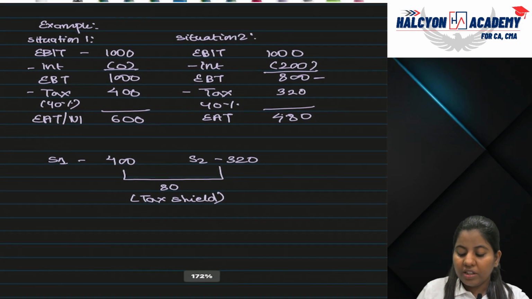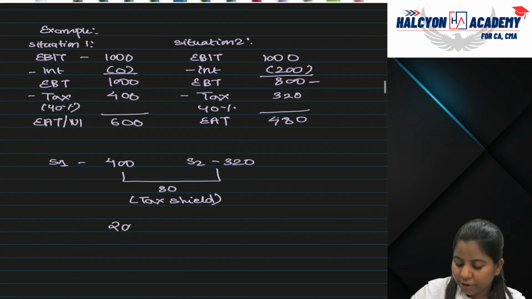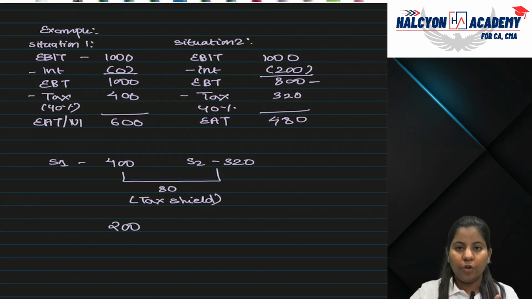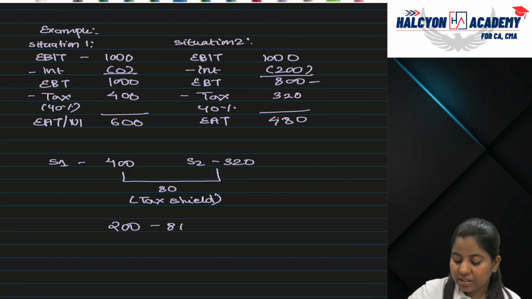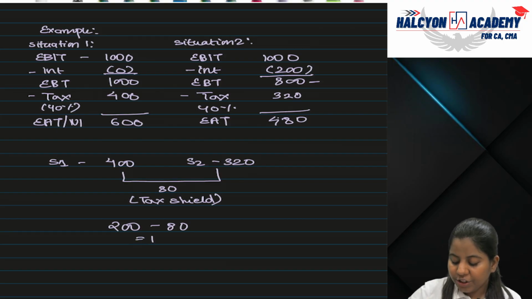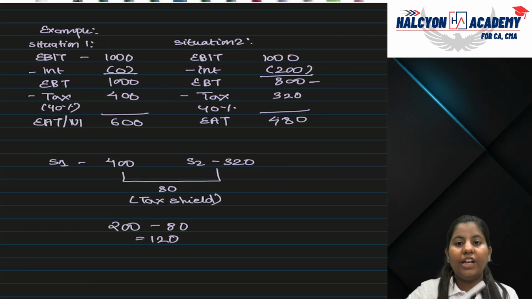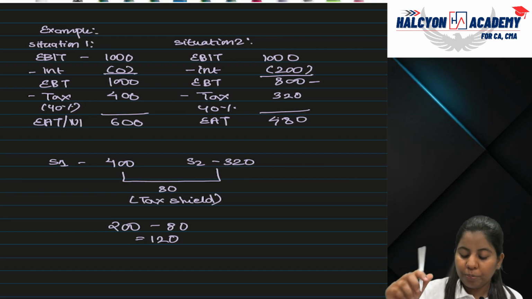So what will be the net cash outflow? We are paying 200 rupees interest. It is cash outflow. But we also saved rupees 80. So the net cash outflow will be 120 rupees.